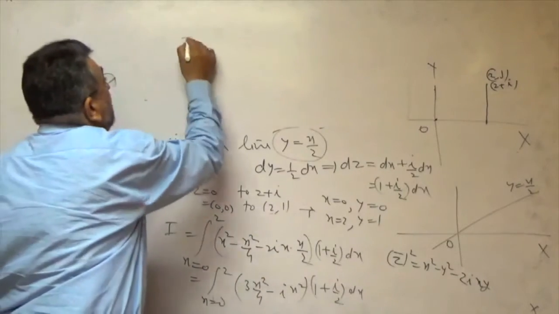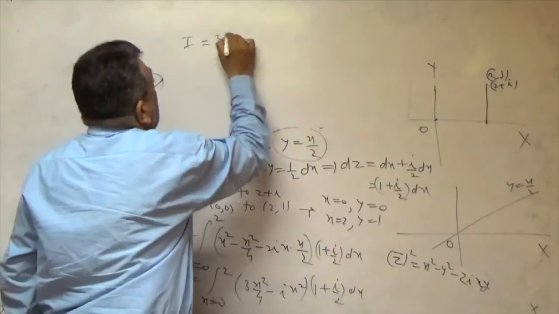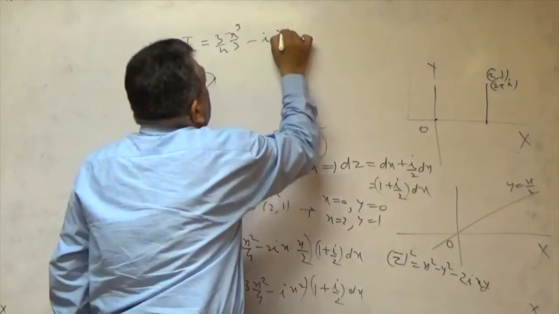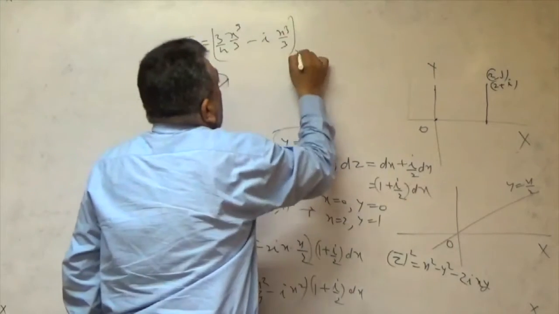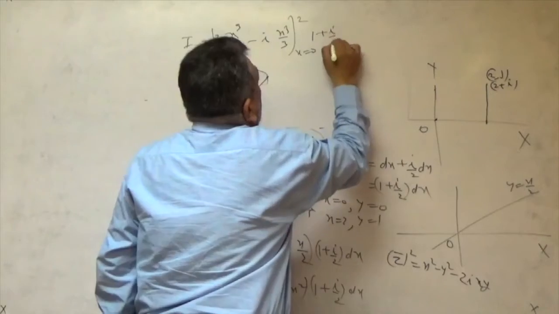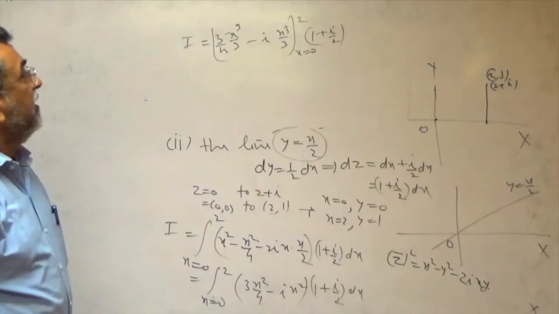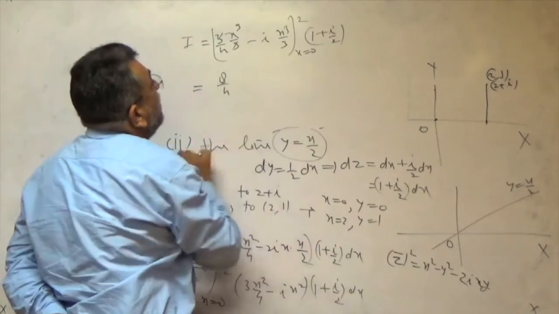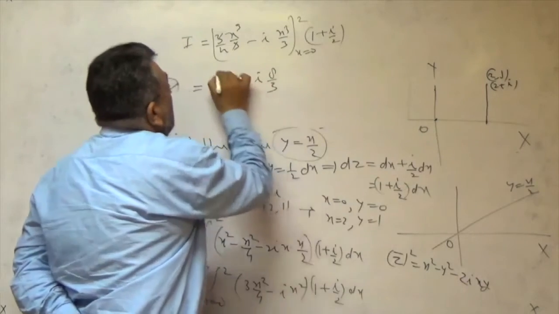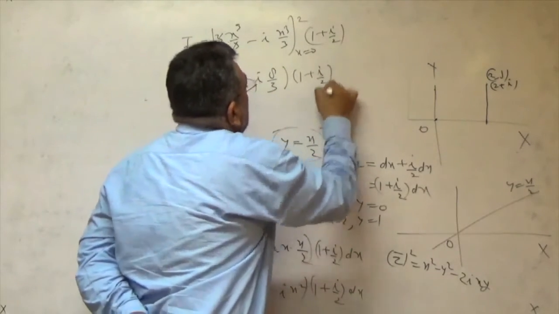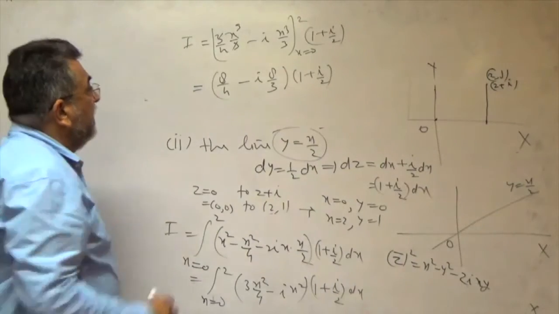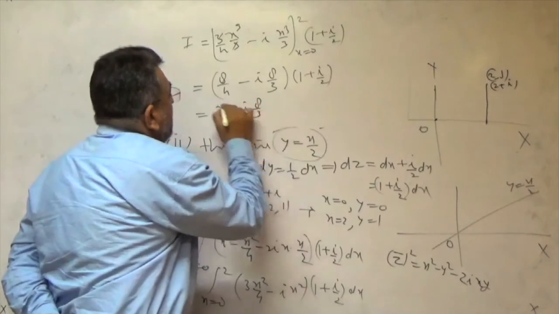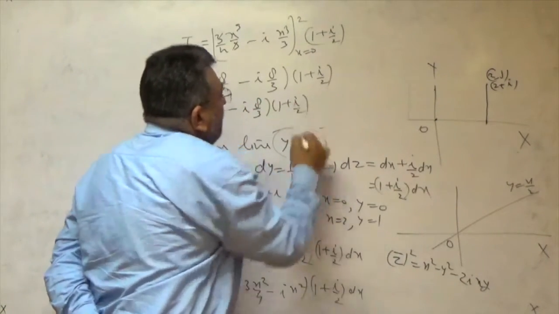So you can solve it easily. That is I equal to 3 by 4 times the integration of x square, which is x cube by 3, minus i times x cube by 3, x equal to 0 to 2, and 1 plus i by 2 is a constant value, which is already multiplied. Now substitute the values, 3 cancels out, so that is 8 by 4 minus i 8 by 3, times 1 plus i by 2. This is 2 minus i 8 by 3 times 1 plus i by 2.